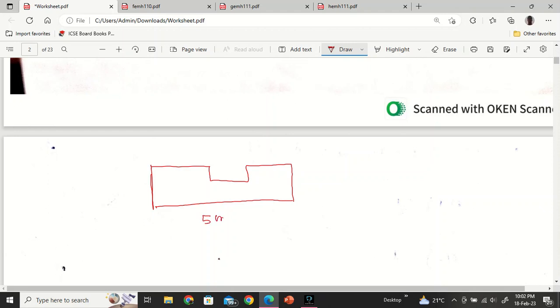If it is 5 centimeter, 2 centimeter, 2 centimeter, 2 centimeter, 2 centimeter, 1 centimeter, 1 centimeter, 1 centimeter. Although you can find the perimeter by the formula also, 2 into (L plus B), for that you will have to distribute this into many pictures, break it into pictures, and only then can you find it. Still you cannot easily find it. You want to add up this thing. So for this we have to use the basic definition of perimeter, sum of all boundaries.